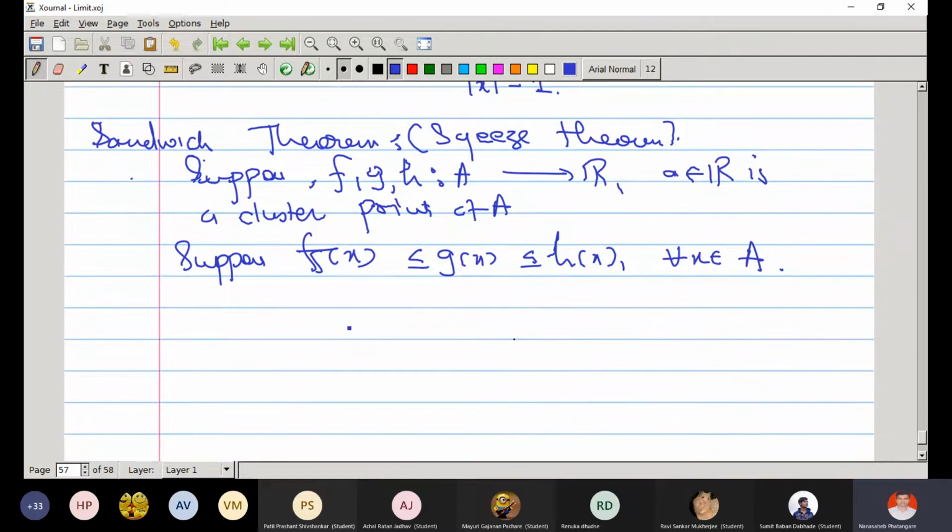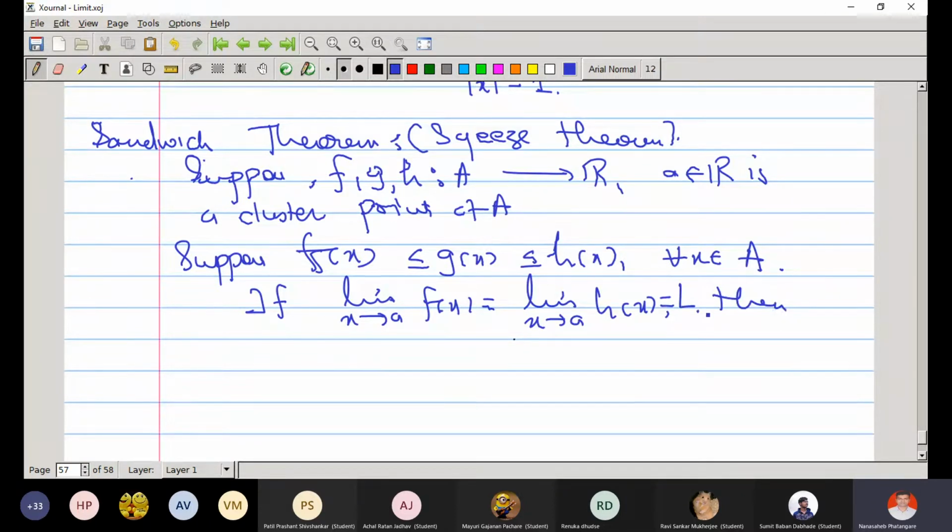So g of x is sandwiched between f and h. So if the limit as x tends to a of f(x) is equal to the limit as x tends to a of h(x), and it is equal to L, the limit of f and h at a is L, and this limit exists, right? The limit is L and it is a finite number, so it exists.